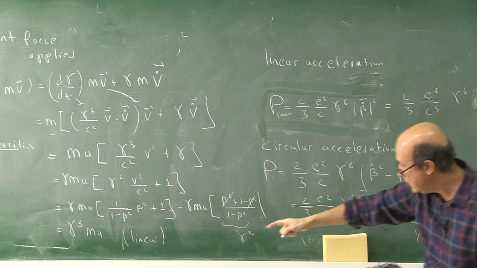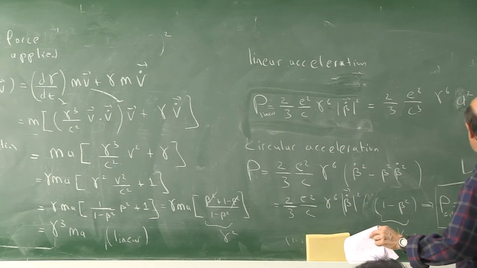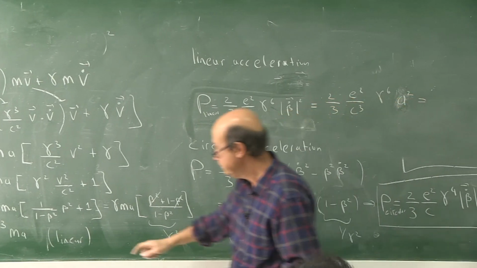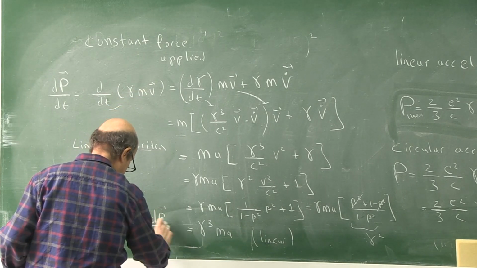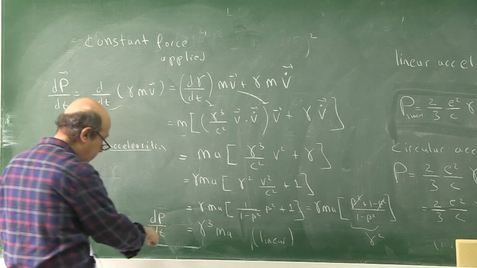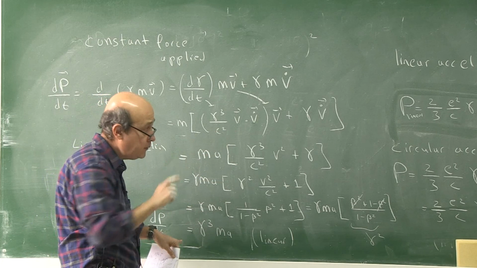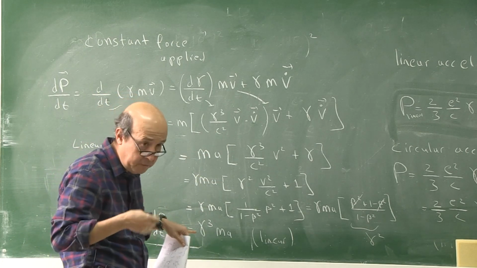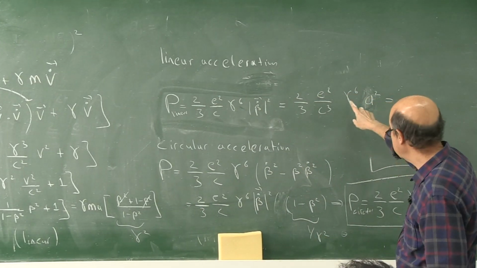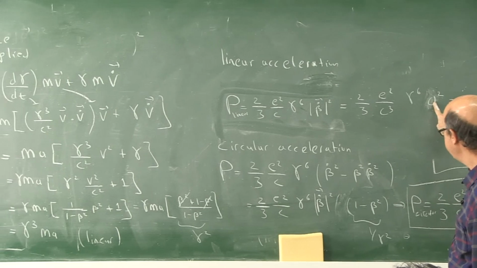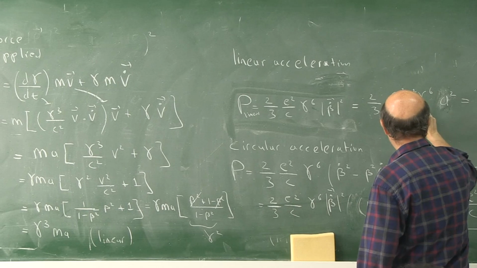Okay. And if you look here, we have gamma cubed mass times a. That means this is nothing but dp over dt for linear acceleration. This is the force for the linear acceleration. If you want to write the total power in terms of force for the linear acceleration, what will be the situation? We have gamma to the 6 a squared, multiplied by mass squared and divided by mass squared.